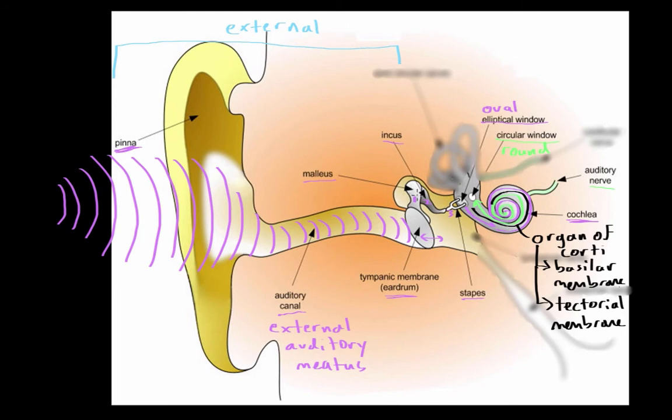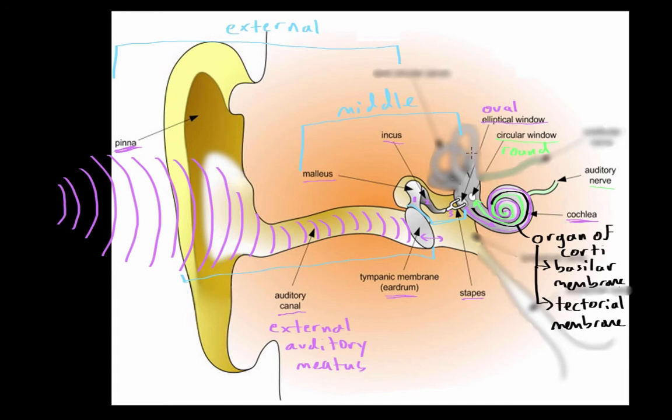So next, from the malleus, incus, and the stapes, these three bones, that is known as the middle ear. So it looks like there's overlap, but I'm just trying to include this word over here. The middle ear is this region from here to here, whereas the external ear is the region from here all the way out here.